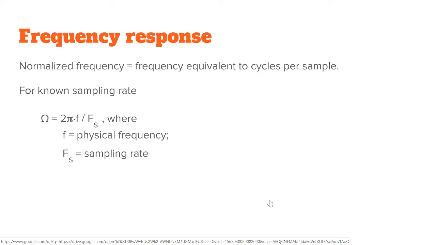Basically, which means that we are back to the same location here. Another one, sampling rate over 2, the Nyquist frequency. It's here. That's the sampling rate over 2, the corresponding omega for that.